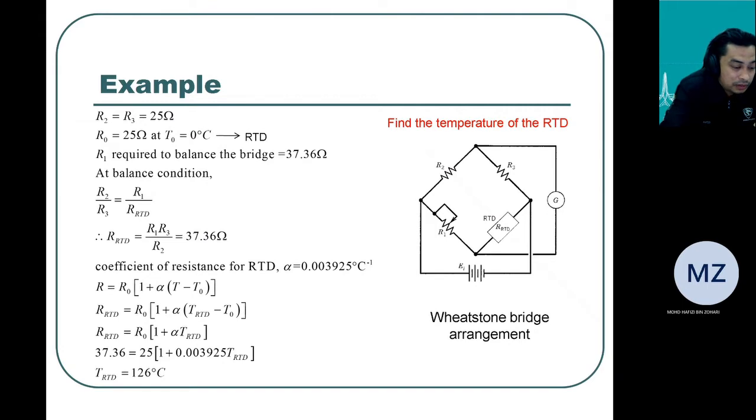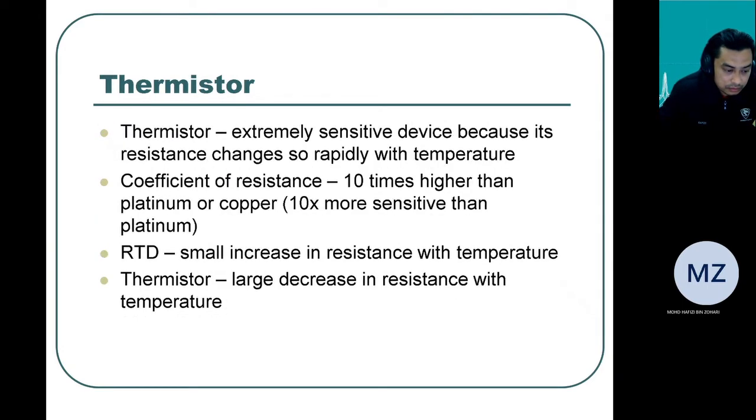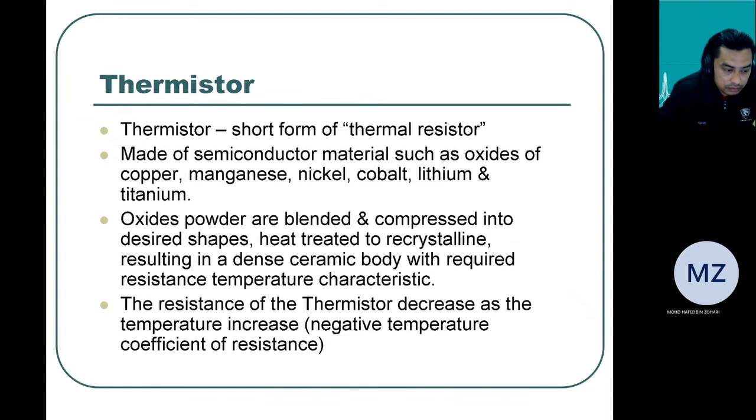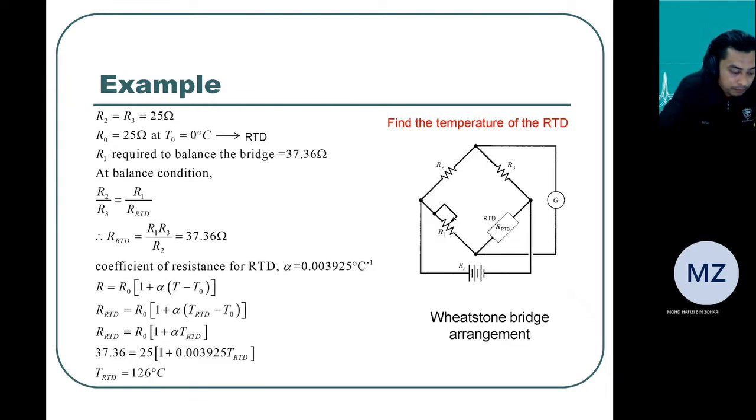For example, we let R2 be 50, R3 be 25. So that if you put here, the ratio is 2 over 1. So of course, with 2 over 1, R1 needs to be times by 2. Times by 2.